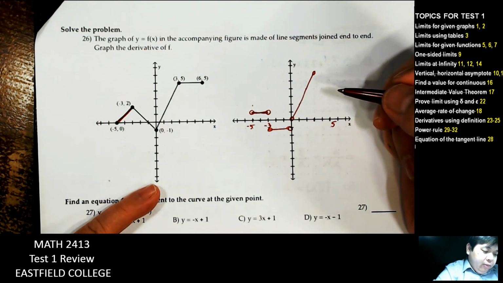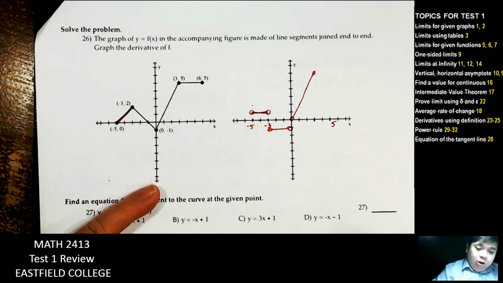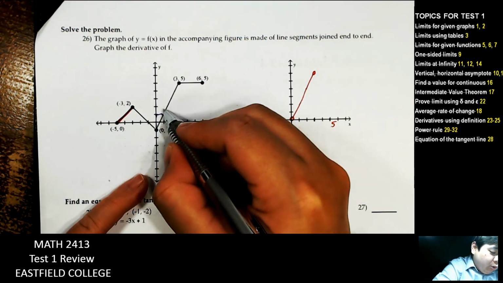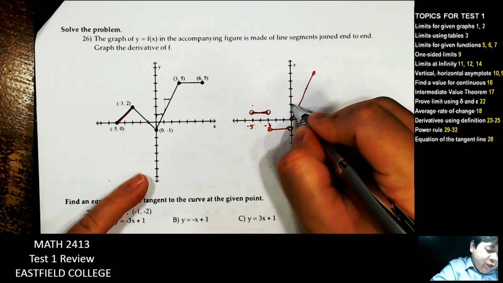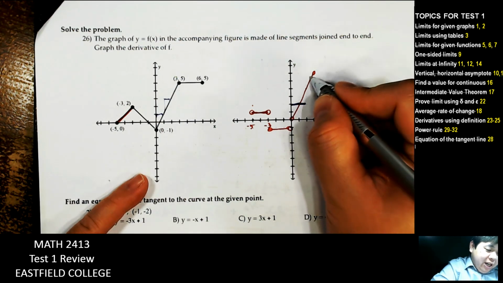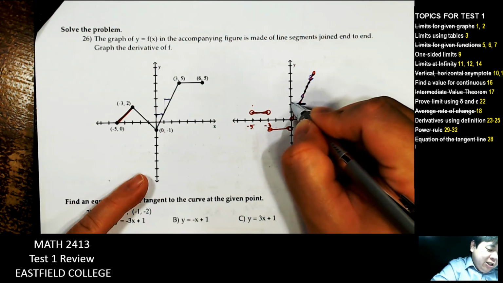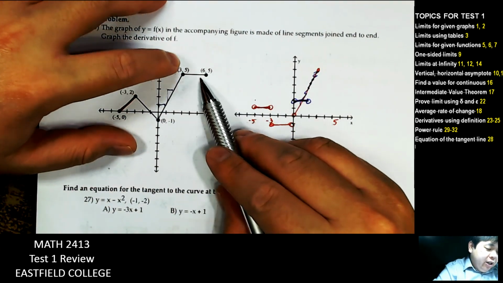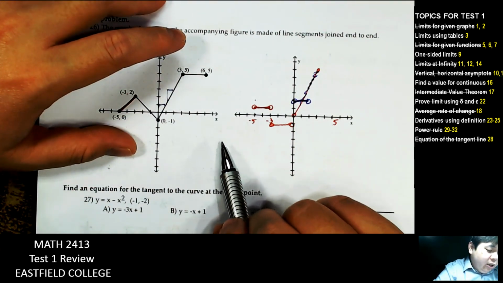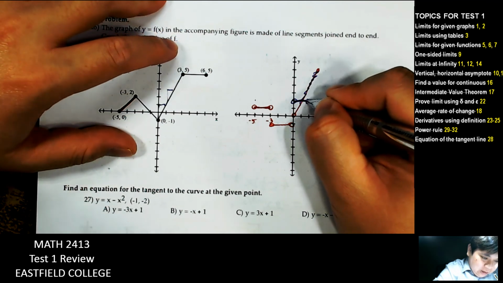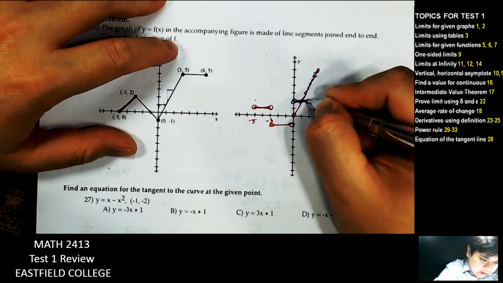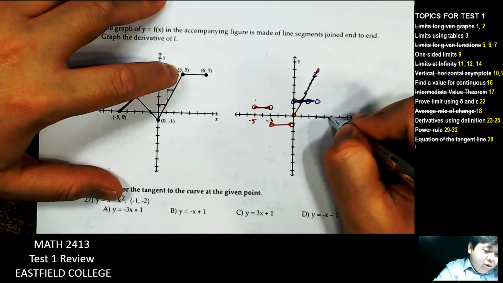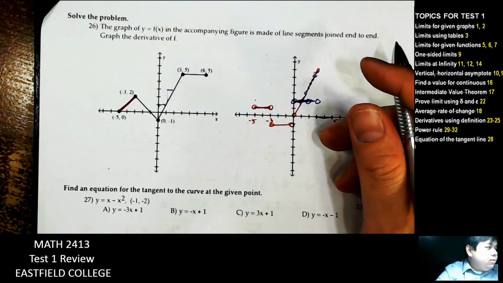Oh, sorry, about backward. So 2 up, 1 to the right, so this will be 2. Never mind, it's not this. Just a horizontal line. And from 3 to 5, it's a horizontal line, so it's a constant.